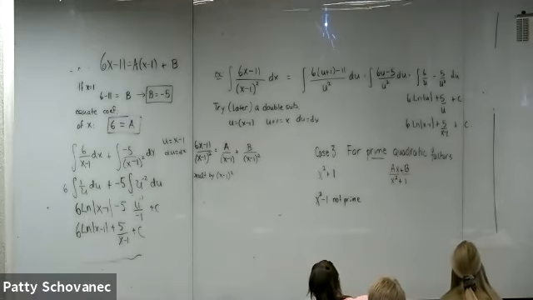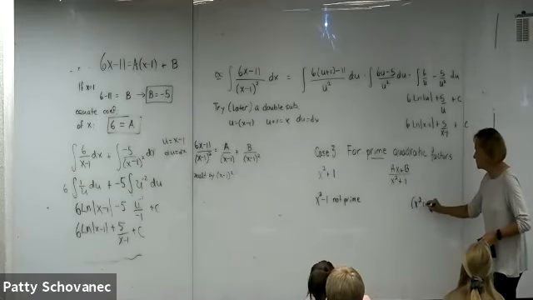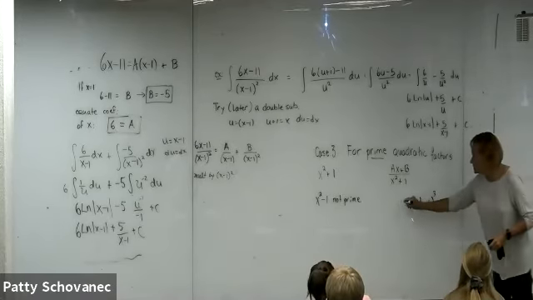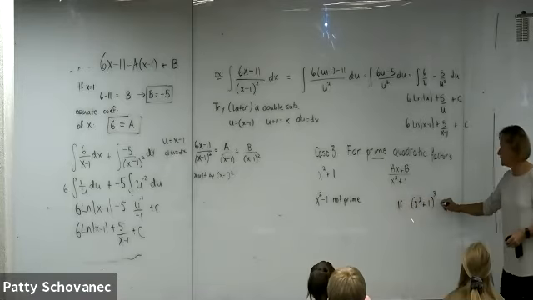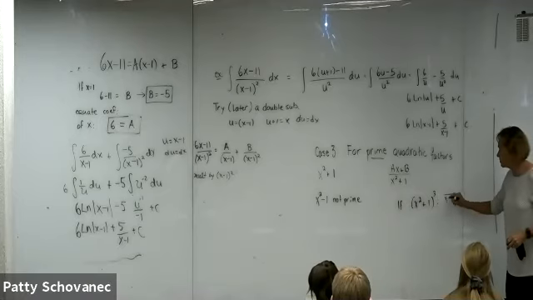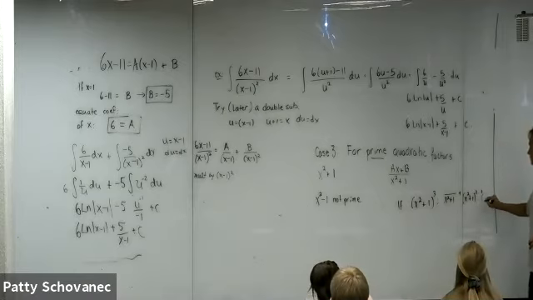Guess what happens if we have repeated quadratic factors? We combine both of those concepts. You have this in the denominator somewhere, then you got to make 3 fractions. A something over x squared plus 1, a something over x squared plus 1 squared, a something over x squared plus 1 cubed.